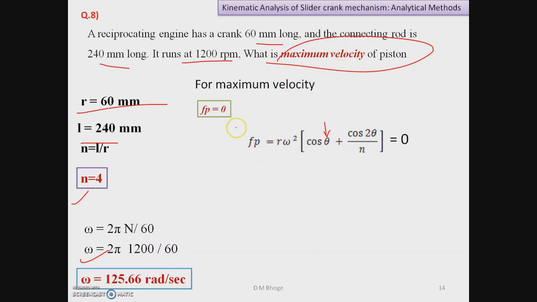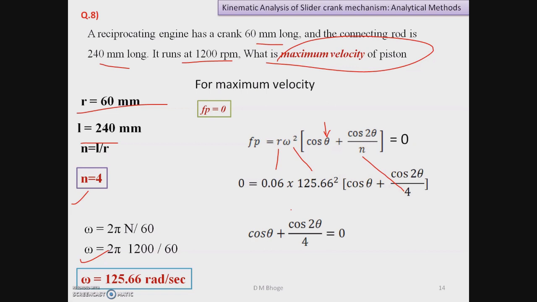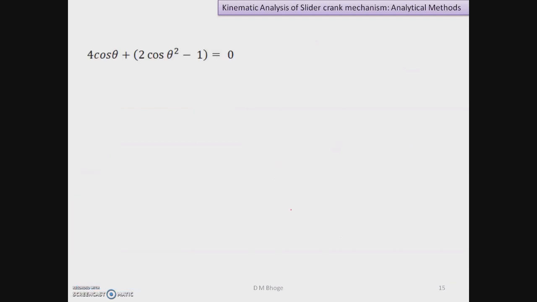For maximum velocity, Fp equals 0. So by substituting the values of R as 0.06, omega as 125.66, and N as 4, we'll solve this equation to get the value of theta.